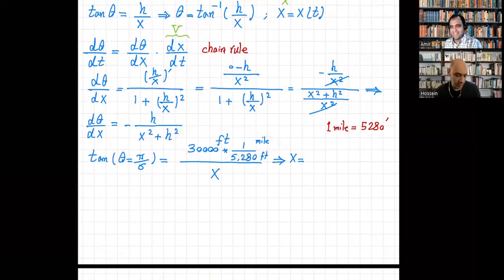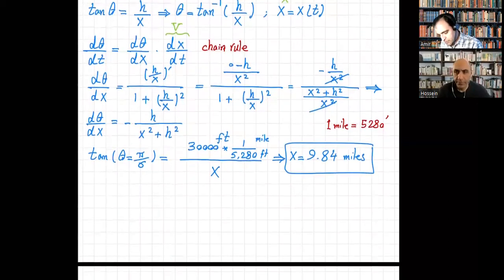Okay, I appreciate it. 30,000 divided by 5280, and then that divided by tangent of pi over 6, which is 30 degrees. So it's 9.84. It's going to be miles, since we changed the unit to miles.